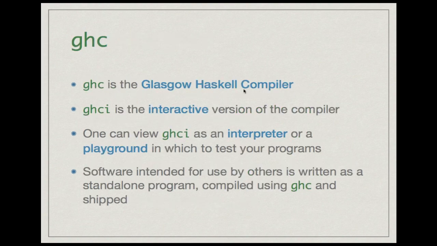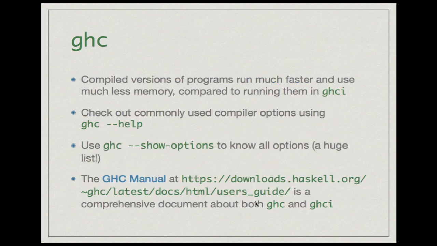GHC is the Glasgow Haskell Compiler. GHCi that we have been using till now is the interactive version of the compiler. One can view GHCi as an interpreter or a playground in which to test your programs. If the program is intended for use by others, then it's usually written as a standalone program, compiled using GHC and shipped. Compiled versions of programs run much faster and use much less memory as compared to running them in GHCi.